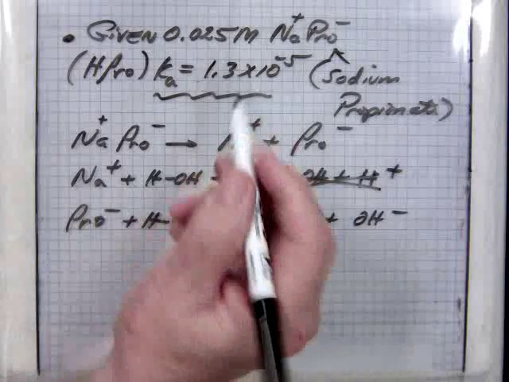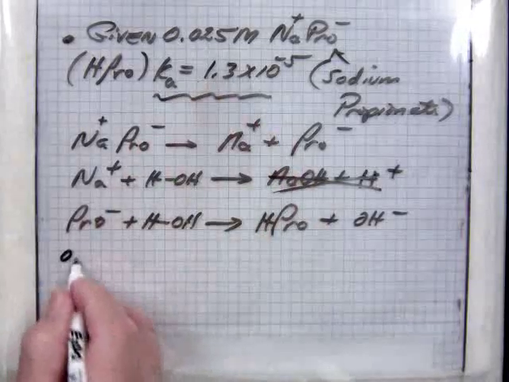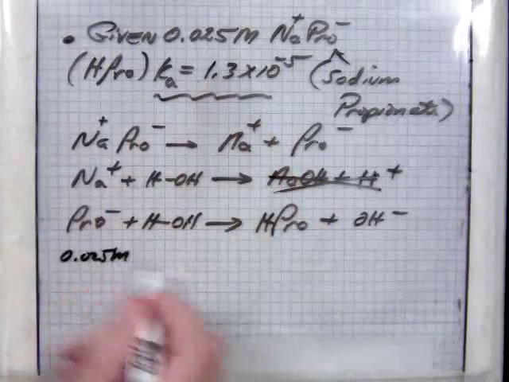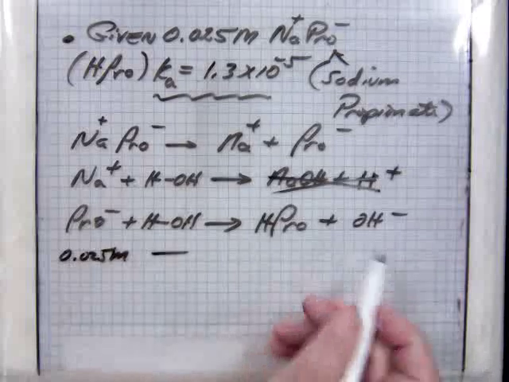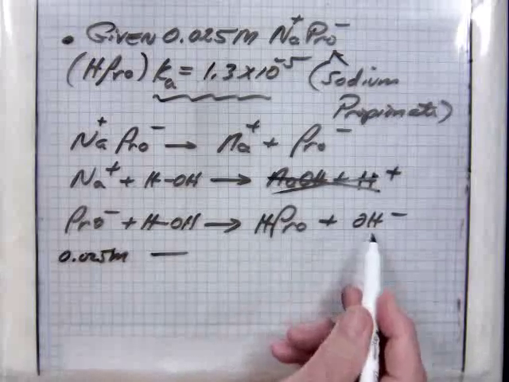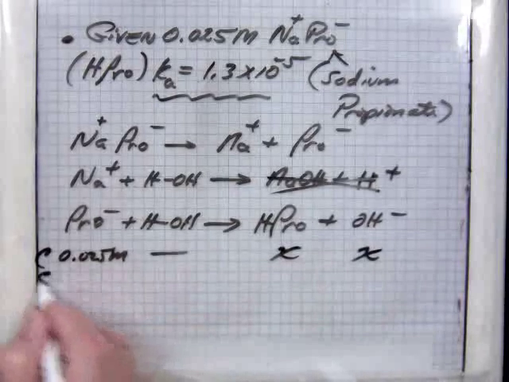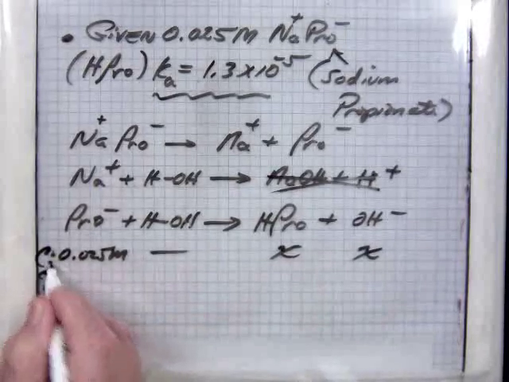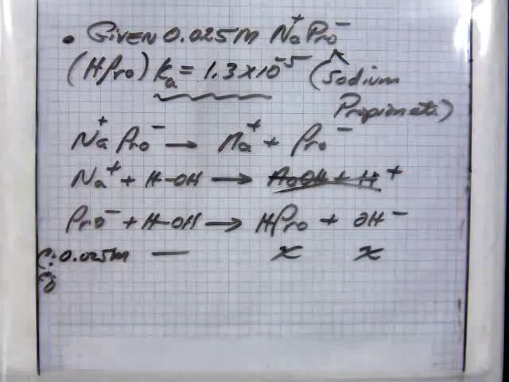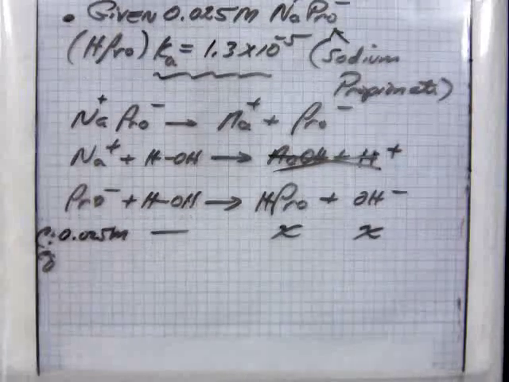So we're given a 0.025 molar. We disregard that. Now the propionic acid and hydroxide are going to be delivered in equal amounts, so I'm just going to shorten this to just show the equilibrium row, because I don't need to fill up my page with an ice table.